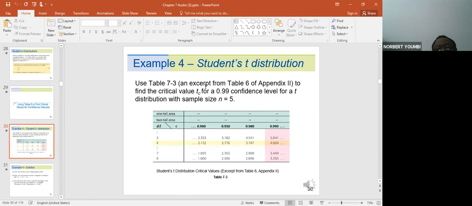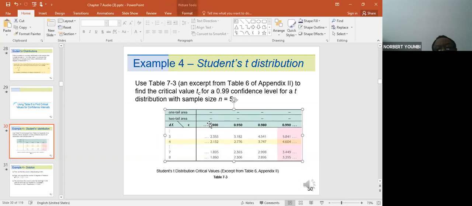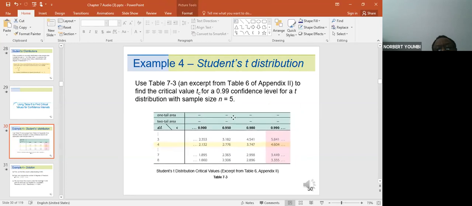Use Table 7.3 to find the critical value TC for a 99% confidence level for a t distribution with a sample size of n equals 5. So C equals 0.99, n equals 5, and n minus 1, the degrees of freedom, equals 4. So we go on the row of 4 to identify at 99% that TC is 4.604.